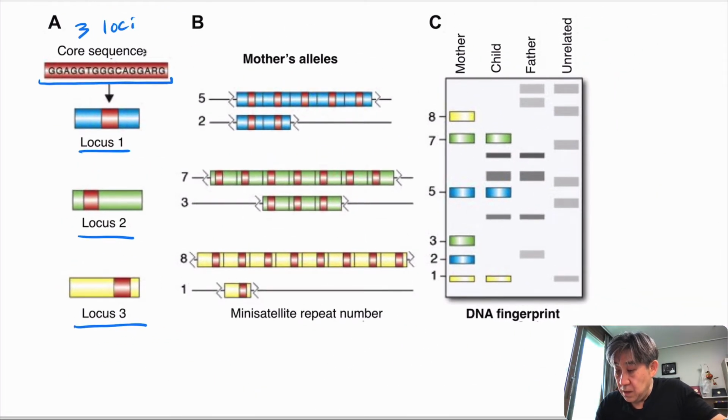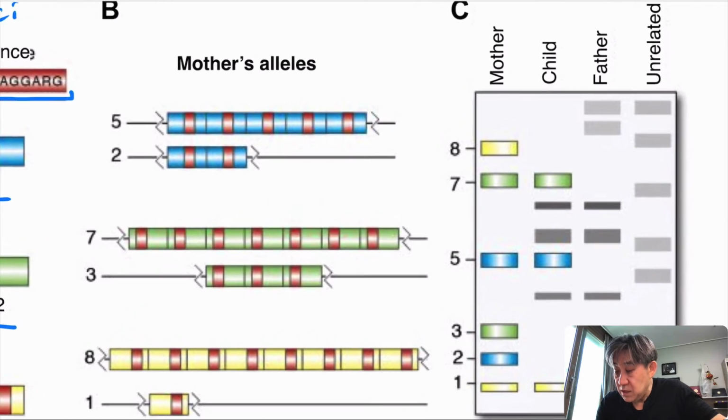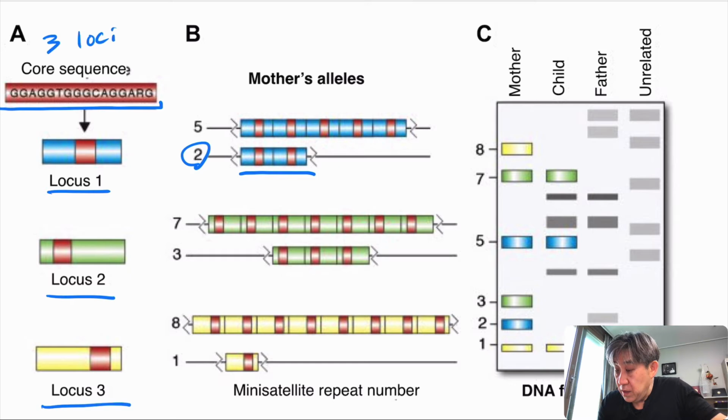So in the case of this particular mother, at this one locus, in one homologous chromosome there are two repeats of this sequence, and at the same location on the other homologous chromosome the number of repeats is 5.